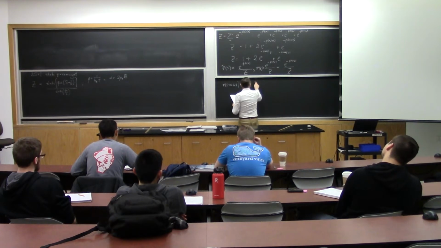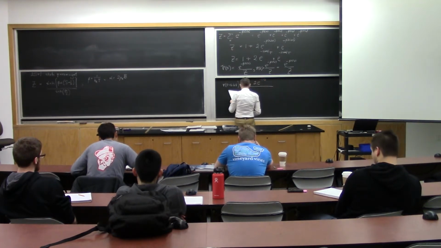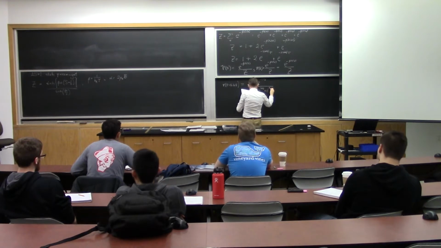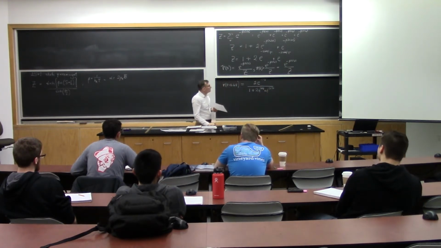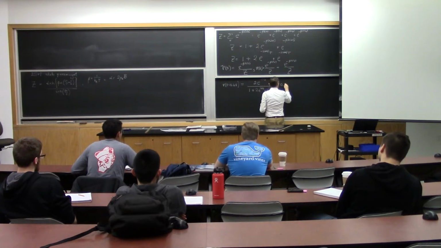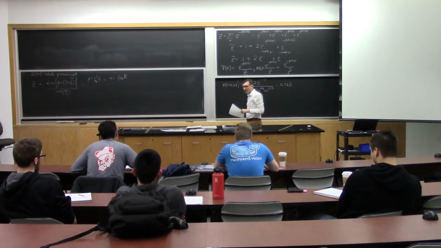So I got the probability looking like this over C, which at this temperature is that. So plug in T equals 1000 Kelvin, and I get 0.363.